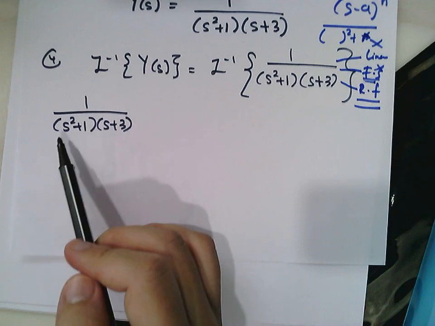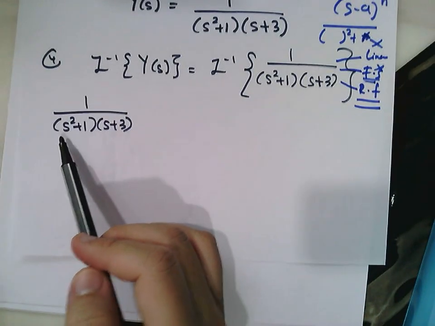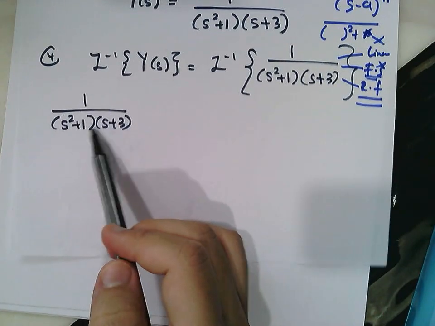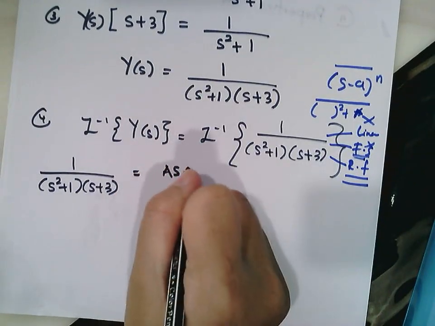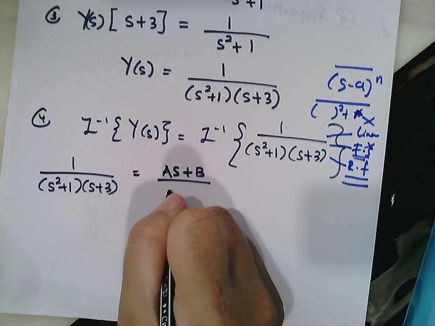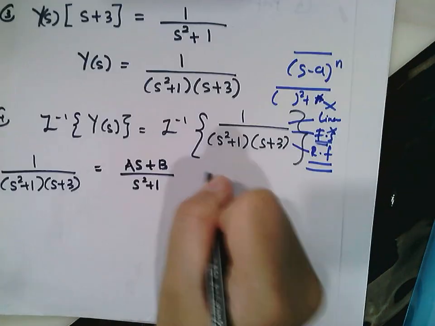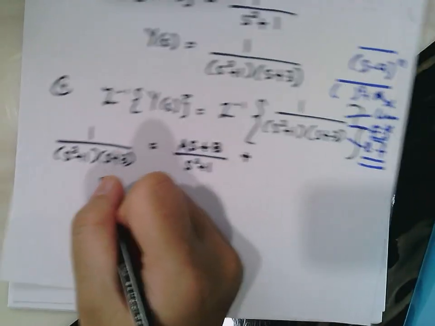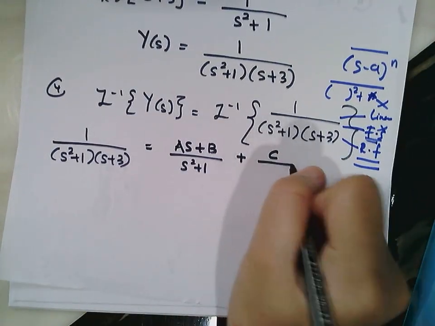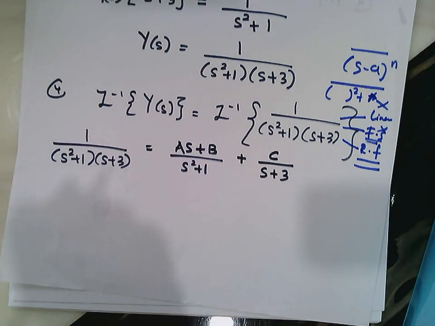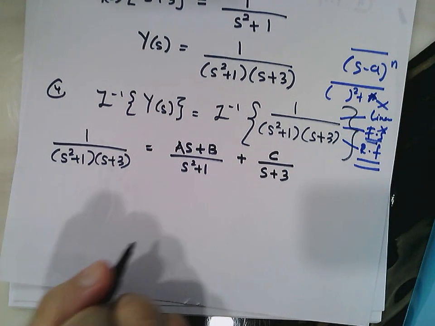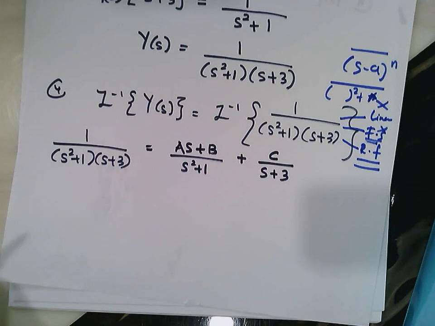As for this one, you cannot factorize it, right? So your partial fraction will be (As + B) over (s squared plus 1) plus, since this is a linear factor, C over (s + 3). The next step is for you to find the values of A, B and C.